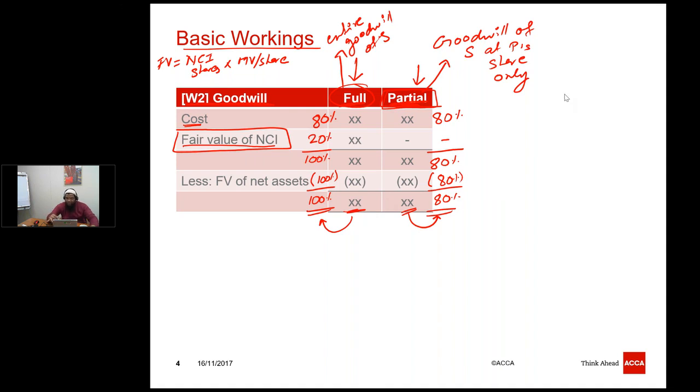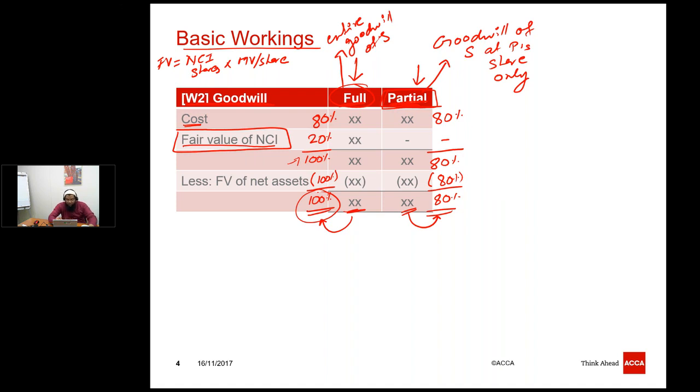Okay, so now we were discussing the goodwill, that we have two goodwill methods, full goodwill or the partial goodwill. If you're following the full goodwill, we are going to use the cost of 80% or 60% or whatever percentage of parent's holding is. And then we are going to add the fair value of NCI. And how do we calculate NCI? Number of NCI shares multiplied by the market value per share. And this way we are going to get the cost relating to 100% of the shares. And then we are going to deduct the net assets of 100%, and we are going to get the goodwill relating to 100%.